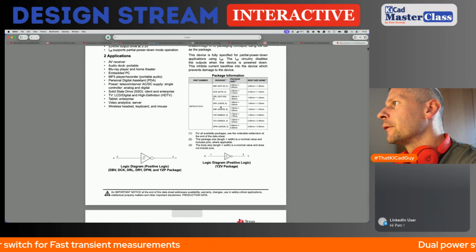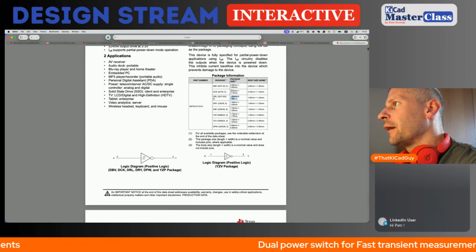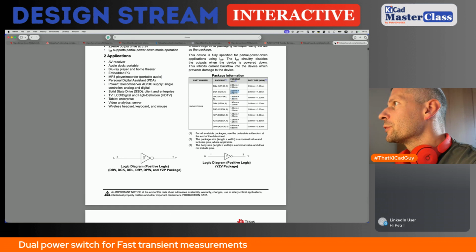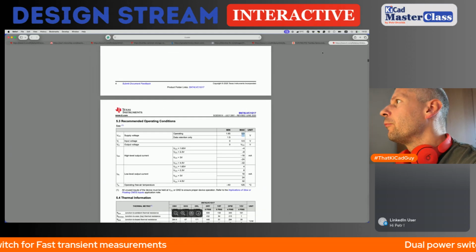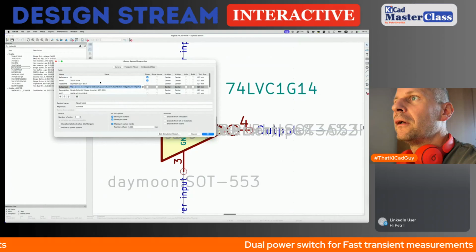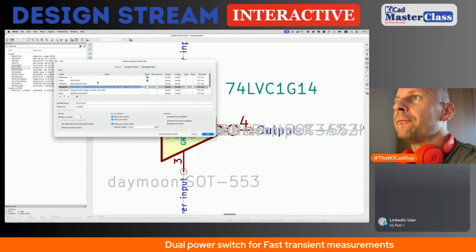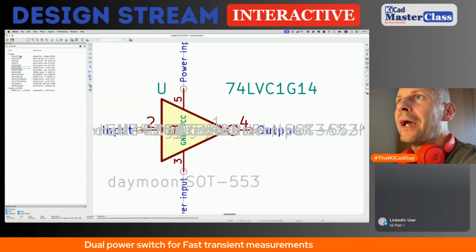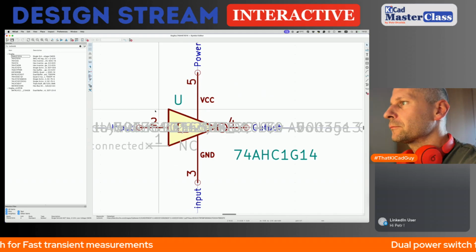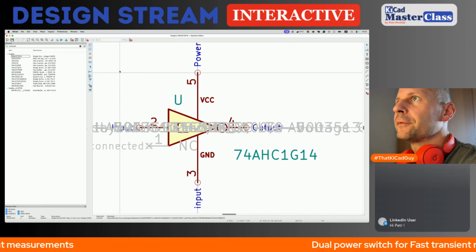Open. Yeah, 1.6 by 1.6, and we have a CT 2 times 2. Yeah, I would like to use the 2 times 2 rather. Yeah, I will use the AHC inverter.